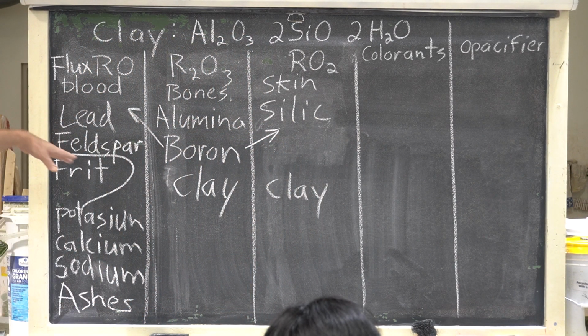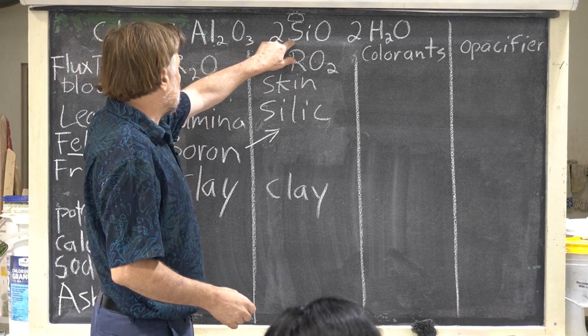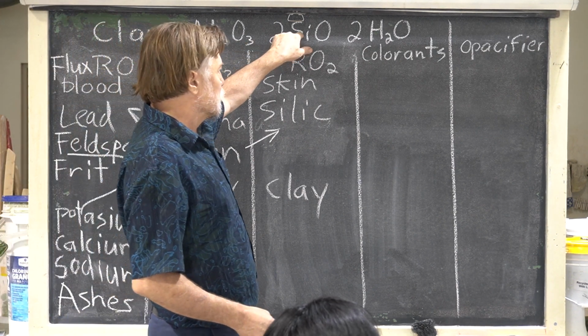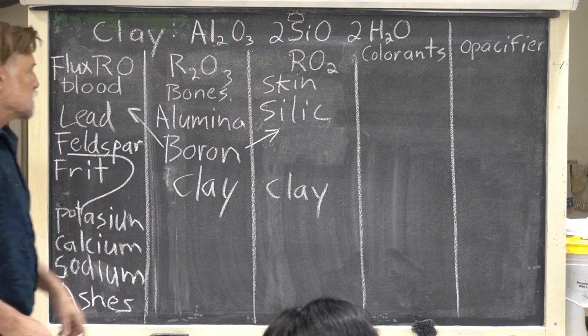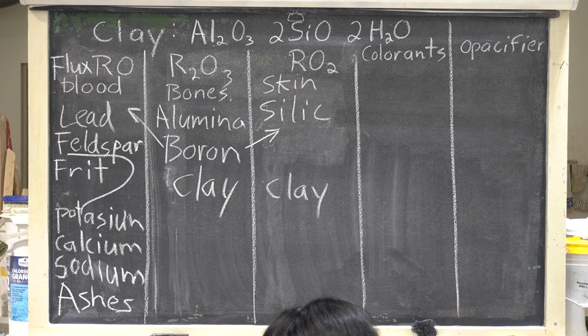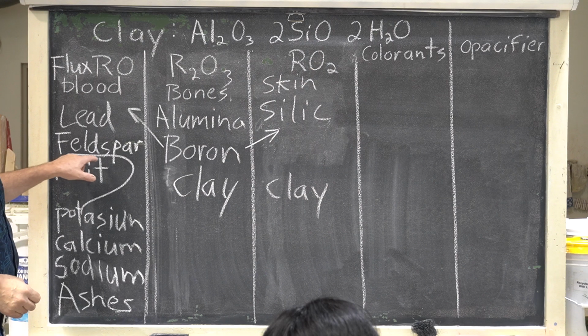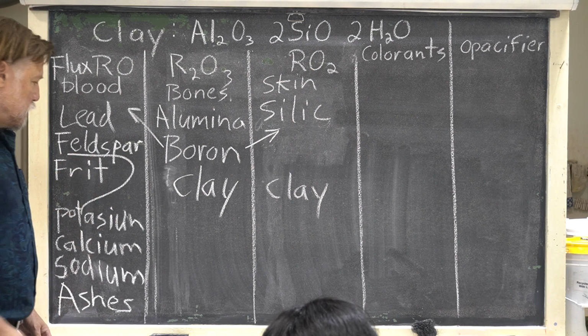So I can't write everything down here, but you'll notice that the molecule of clay has both alumina and silica, so it can be in both of these. But sometimes clay has high amounts of impurities, and so low fire clays can actually work as a glaze at high fire. So they can actually be in this column because they have flux in them as well.